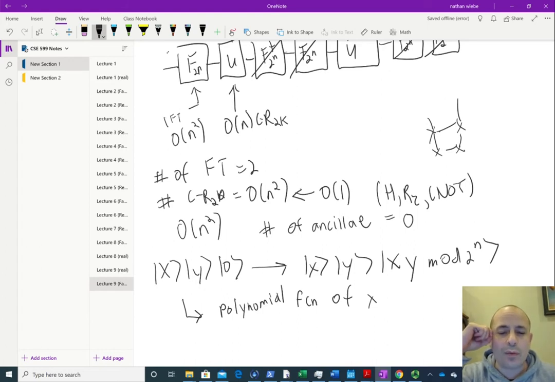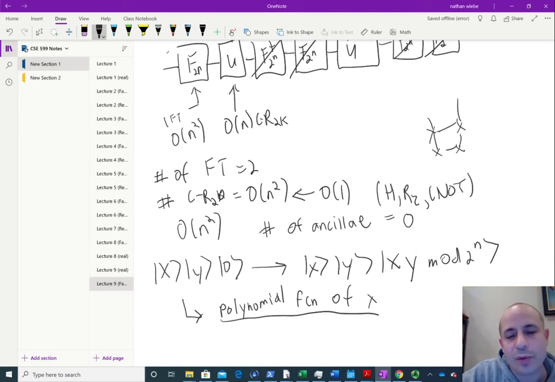And so this gives us a way to build an arbitrary transformation on bits in a quantum computer by using this adder circuit to build a multiplier, and then using that in order to implement a polynomial.